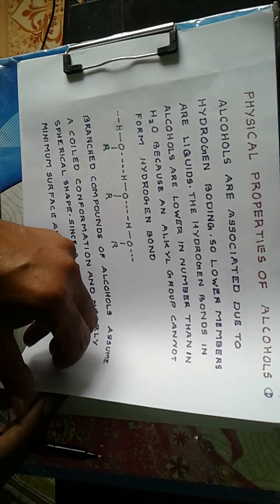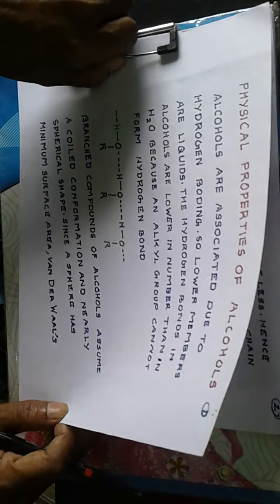Now, as in the case of hydrocarbons, the branched compounds have low boiling points. This is because, due to branching, the molecule assumes a coiled conformation, just like a coil, which has a nearly spherical shape. For any geometric object, a sphere has a lower surface area than any other object, say a cube, having the same volume.